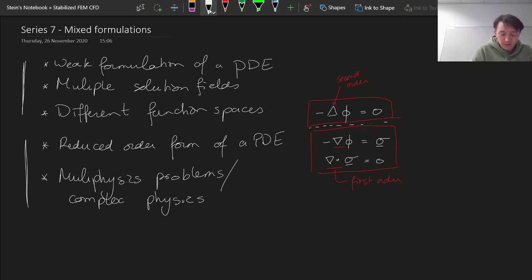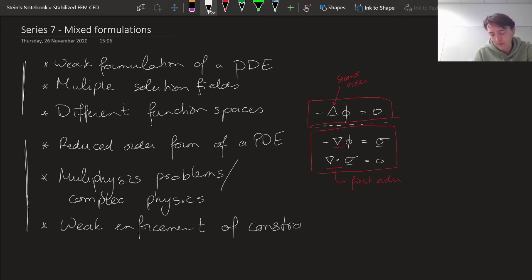And the last key point that I want to address, and one that I'll focus on for a while longer, is if we have a constraint, so a weak enforcement of constraints. And specifically the example that we will look at first is if we have constrained minimization problems.